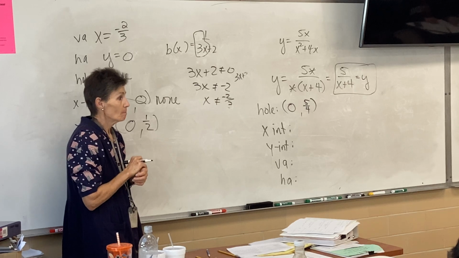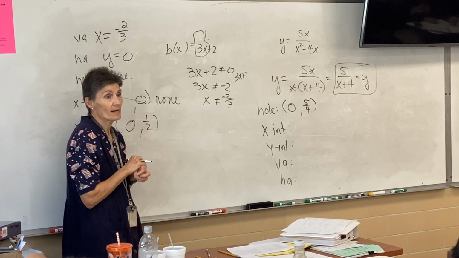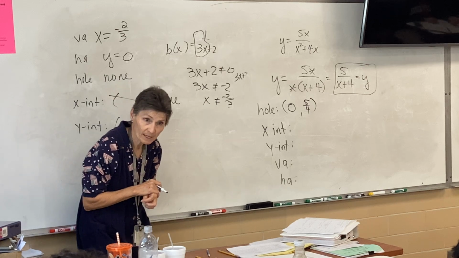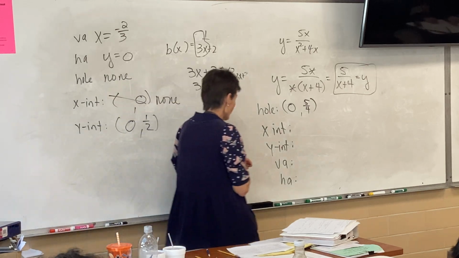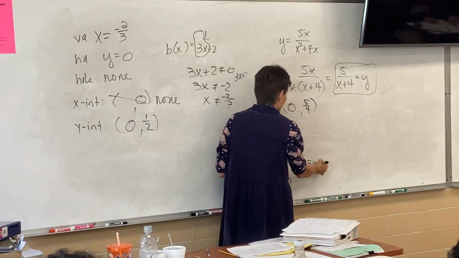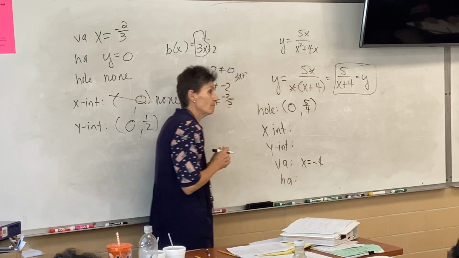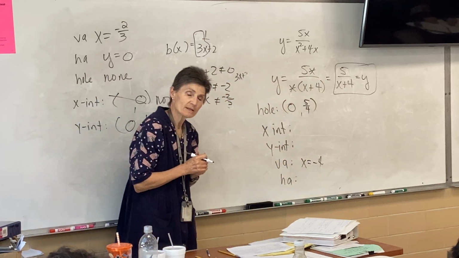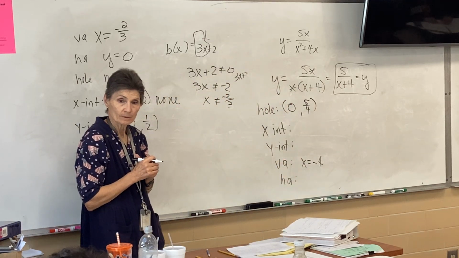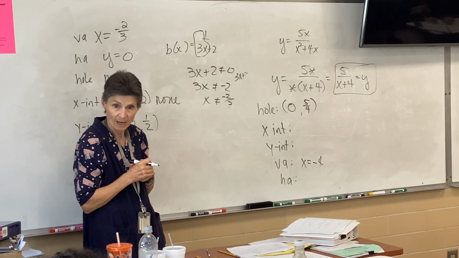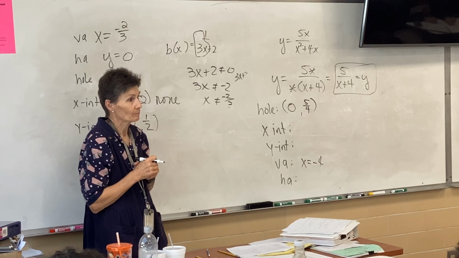Yes. Because why? There's a denominator. So my vertical asymptote is going to be x equals -4. Because what happens if you put in -4? You get a 0 in the bottom, which is not allowed.